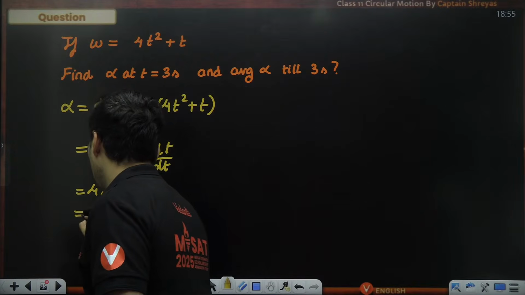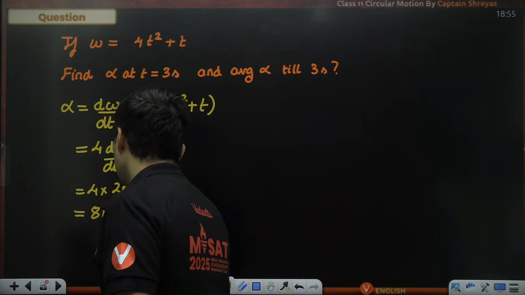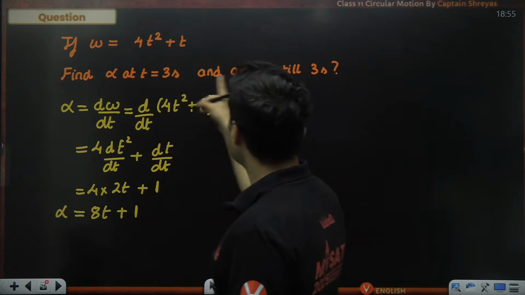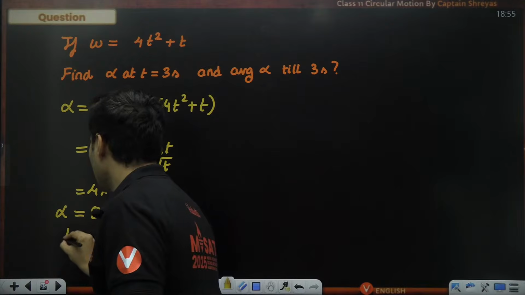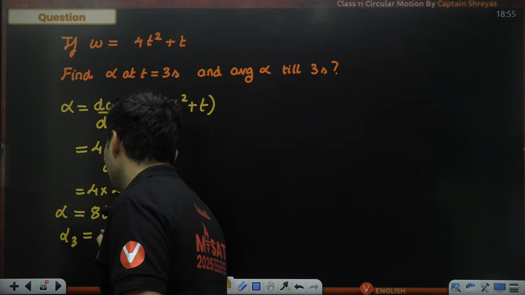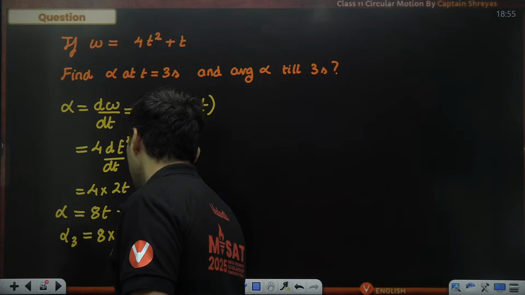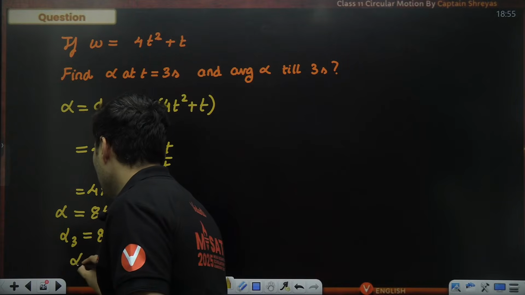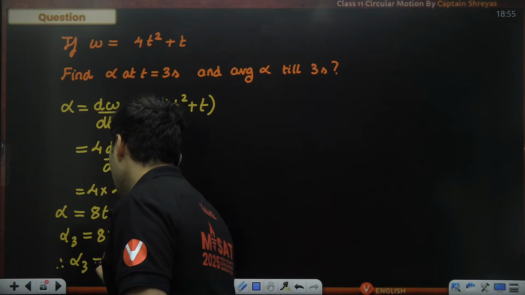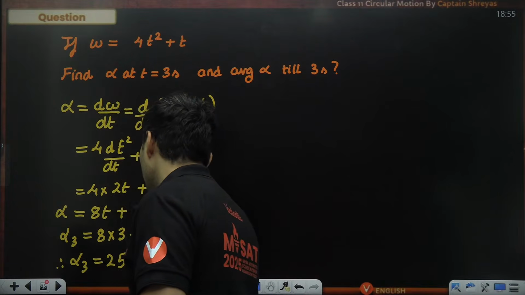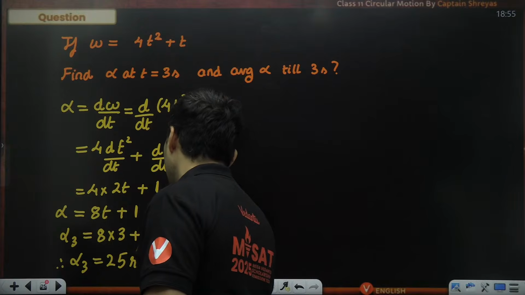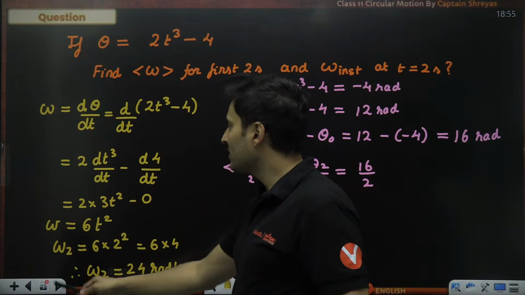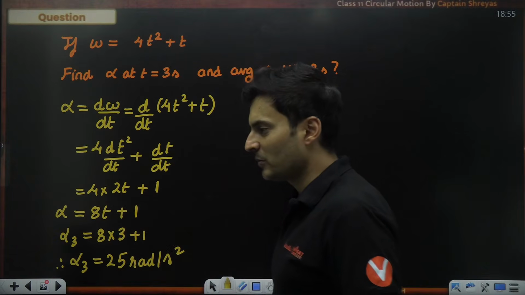So hence alpha will be 8t plus 1. That is in general, but I want very specifically at 3 seconds. So alpha at 3 seconds will be 8 multiplied by 3 plus 1. 8 threes are 24, 24 plus 1 is 25. So therefore alpha at 3 will be 25 radian per second square. Very similar to the previous one. It was derivative here also and here also.